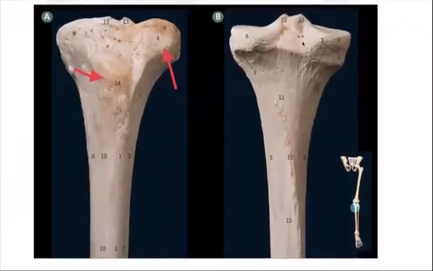Now we are going to see some of the leg bones. First of all, this is what you are seeing in picture A, the anterior aspect of the tibia.